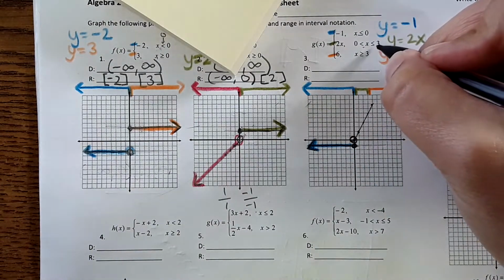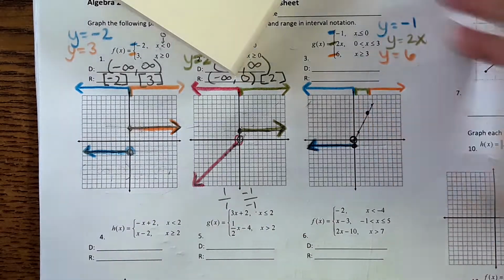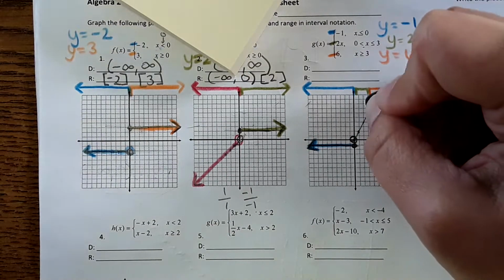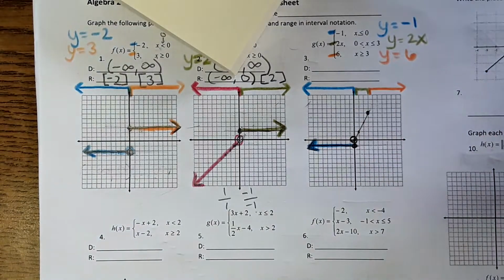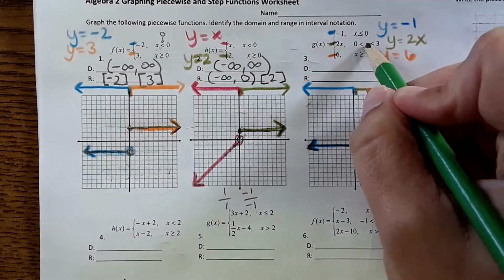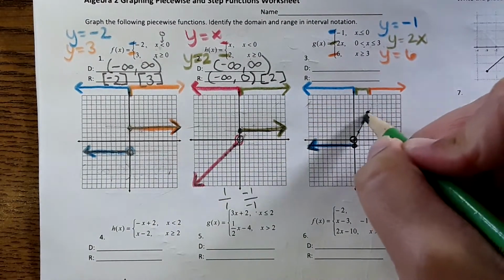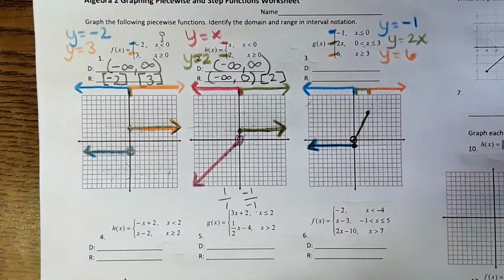And then a closed dot at 3. 1, 2, 3. Closed dot here. And then erase the rest. This is because it says x is less than or equal to 3.